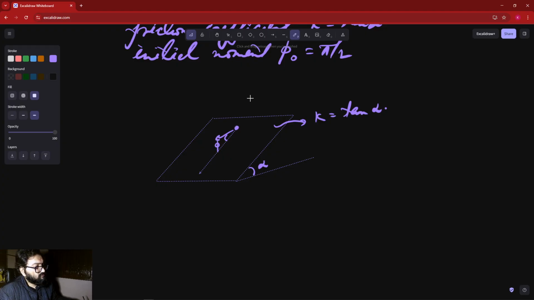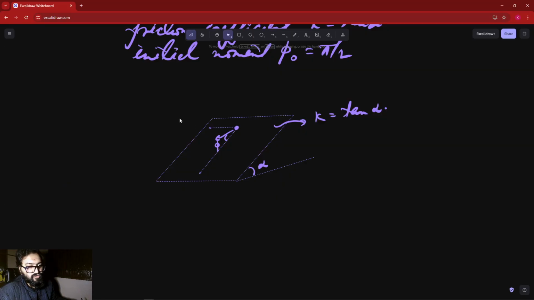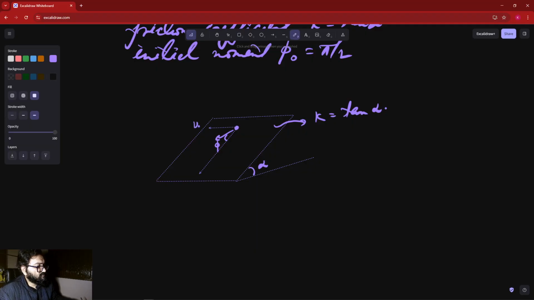Initially this body was given a velocity v0 in a direction wherein phi naught was equal to pi by 2. So this is what my initial direction was, and after some time, as this body was falling, it must have gotten a velocity of v, and at this point it was, let's say, making an angle of phi. Okay, this is what this problem is saying.